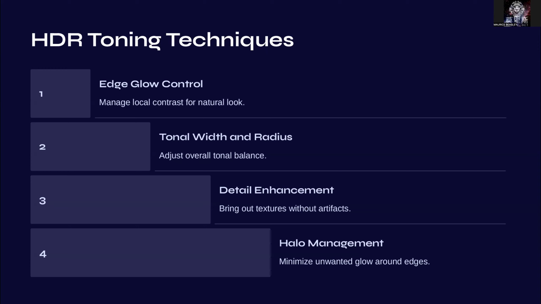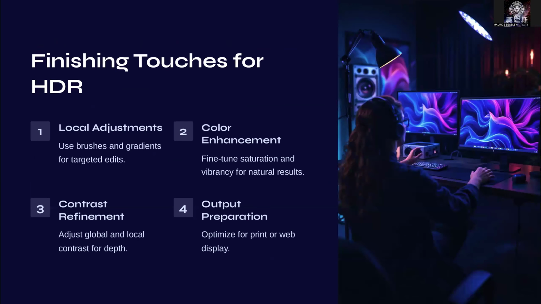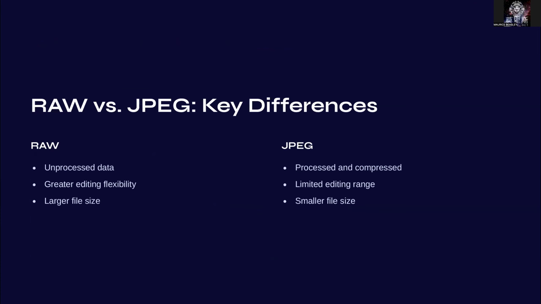Again, from overexposure, you'll get these real big glowing halo effects. If you want to remove them, you can remove them. If you want to enhance them to make them stand out more, you can do that too. Local adjustments, color enhancements, output prep. We just talked about those things.